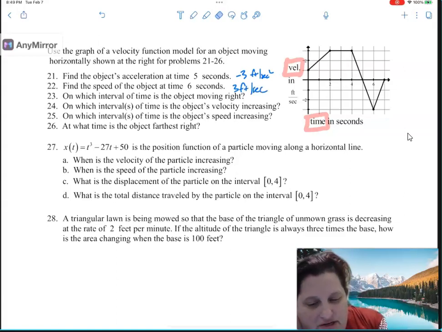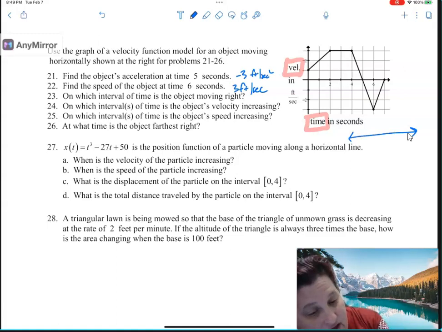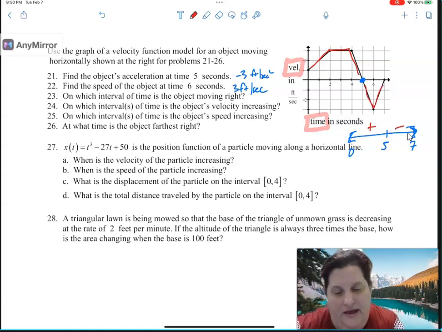When is the object moving right? Okay, look. This is a sign line graph of velocity, which is the derivative of position. We're going from 0 to 7, and it only changes at 5. And to the left of 5, this is all positive. The velocity is above the axis. Over here it's all negative. It's below the axis.